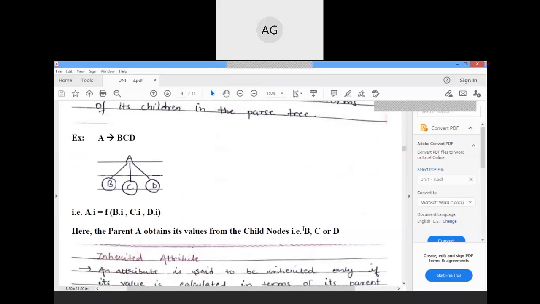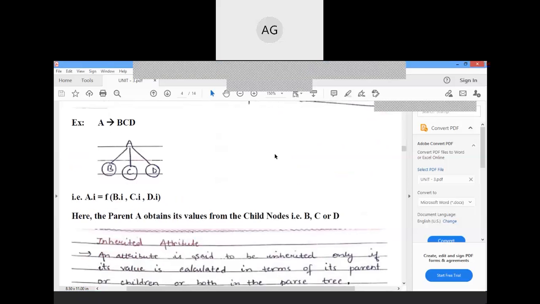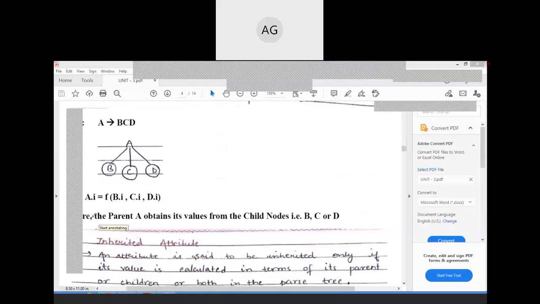So you can evaluate it like this: A.i = f(its children). It can be one child or it can be many children. So the value of the parent can be evaluated from its children.